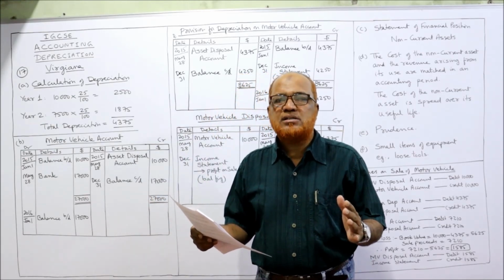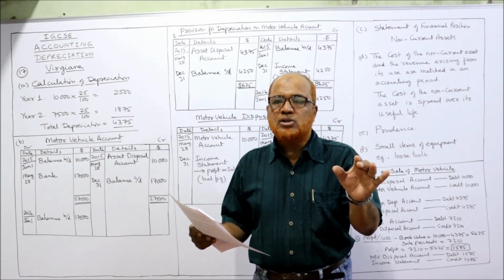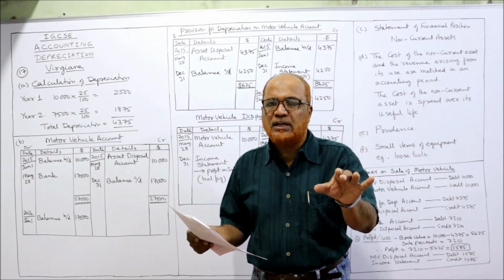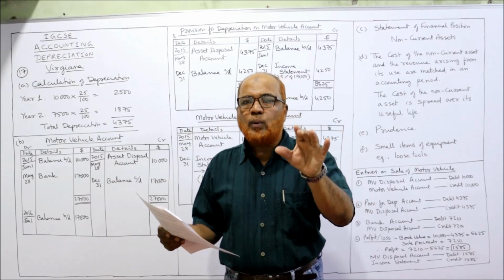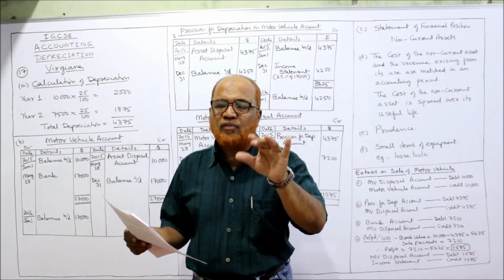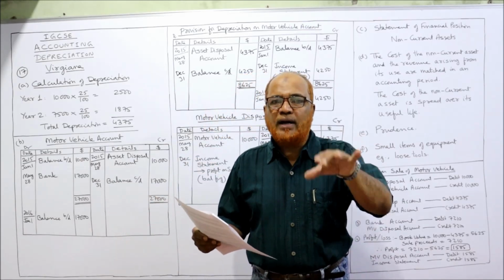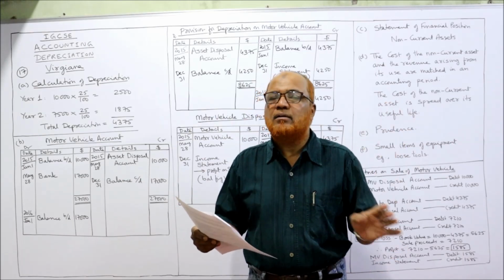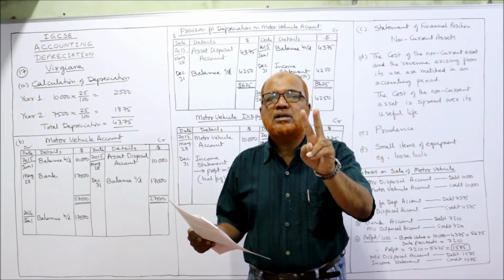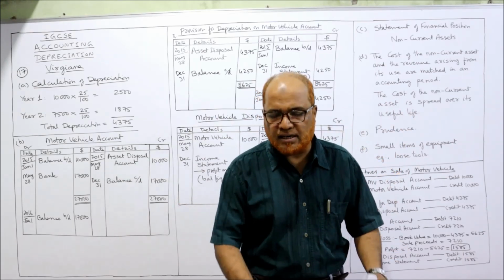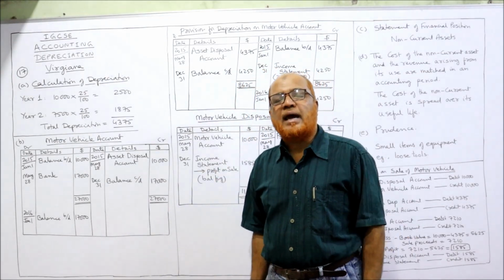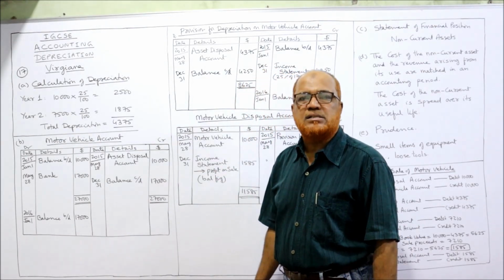It was purchased in 2013, so we provide depreciation for 2013, the first year. Second year, 2014, depreciation for 2014. In 2015 it was sold, so no depreciation. So we are required to calculate depreciation for 2 years.